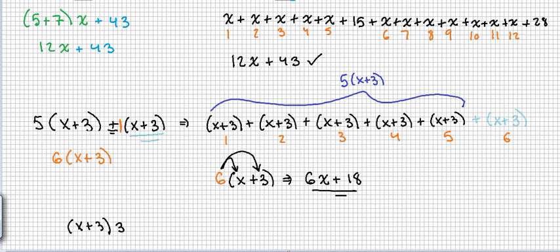So, final one here is if we have just the reverse of this, can things distribute backwards? Well, of course they can, because we're going to have an x plus 3 here and a 3. So what we'll have is, we can't have 3x plus 3 times because we don't know what x is. So we just have to use our commutative property here and just write x plus 3 times 3, which it doesn't matter what order.